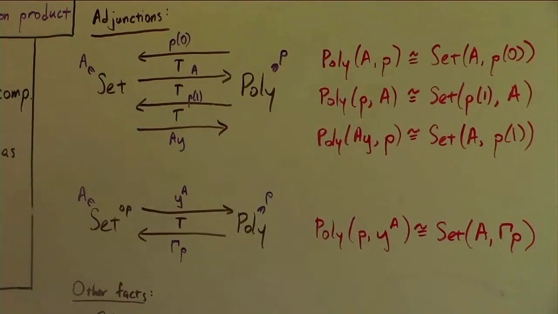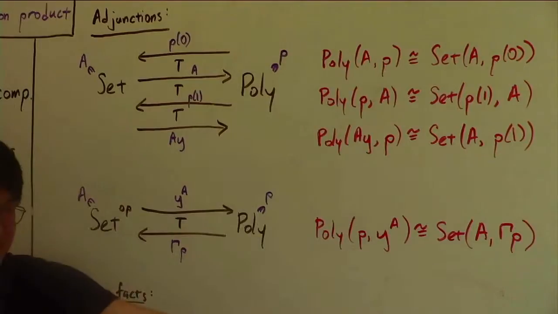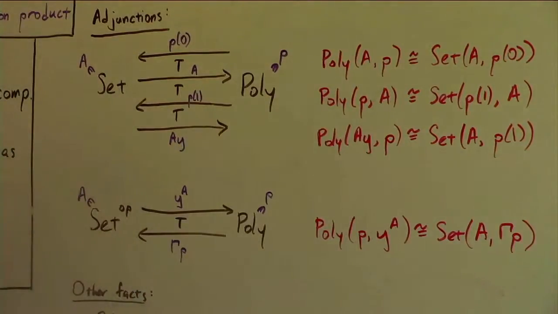Epis in Poly, you might expect them to be epis on the positions and monomorphisms back on the directions, but it's actually a little more subtle than that. Again, the details are in the book, or if you're interested, you can ask me after class.